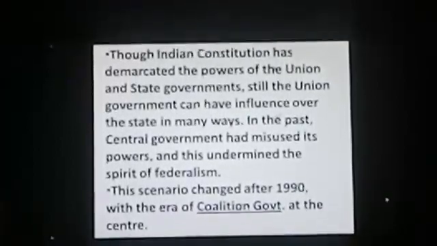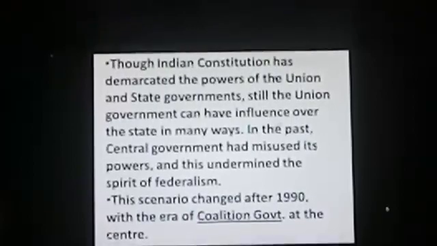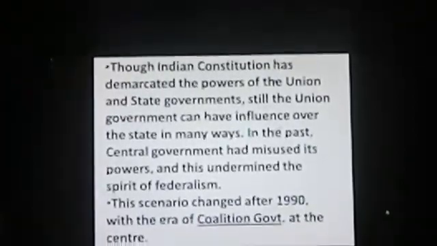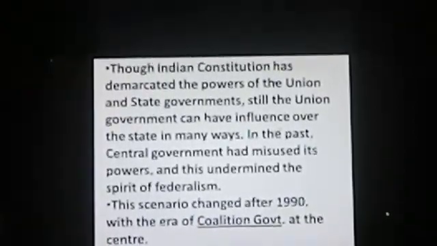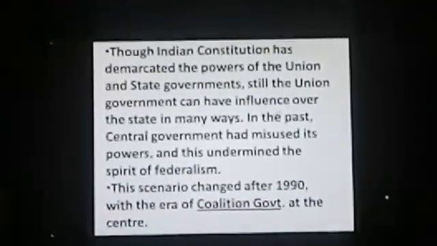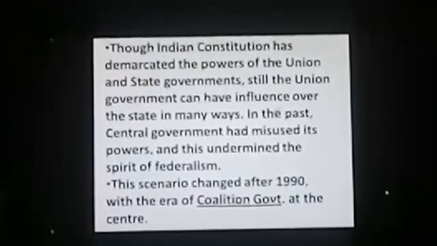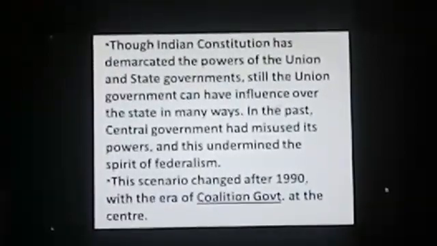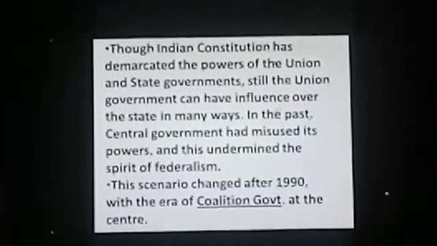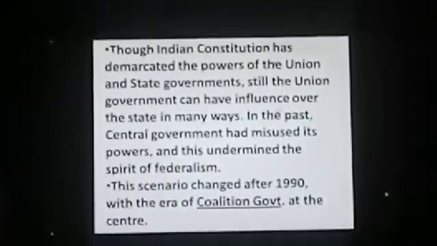Now see, as provided in our constitution, the political party which commands the support and confidence of a majority in the Lok Sabha, that is the MPs, or state assemblies, that is the MLAs, will form the government.